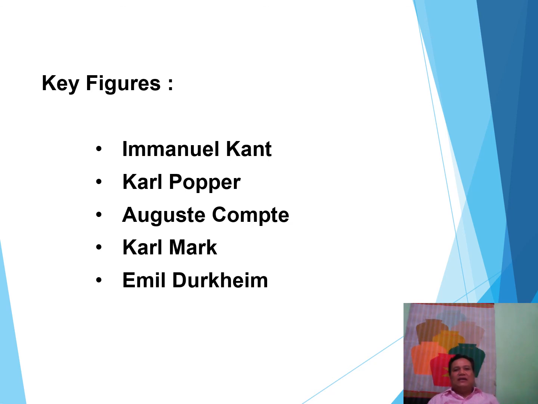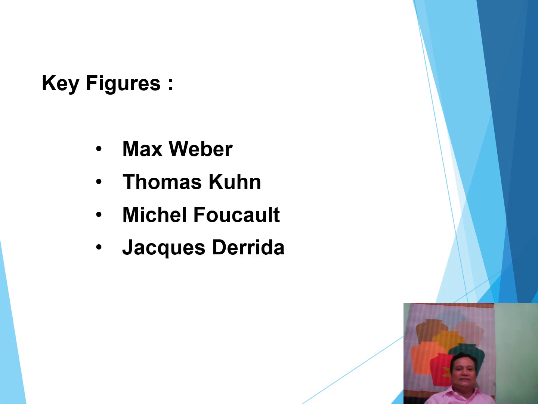Emile Durkheim argued that society developed its own system of collectively shared norms and beliefs. And these were social facts. Max Weber, okay, he insisted that we need to understand the values and meaning of subjects without making judgment.